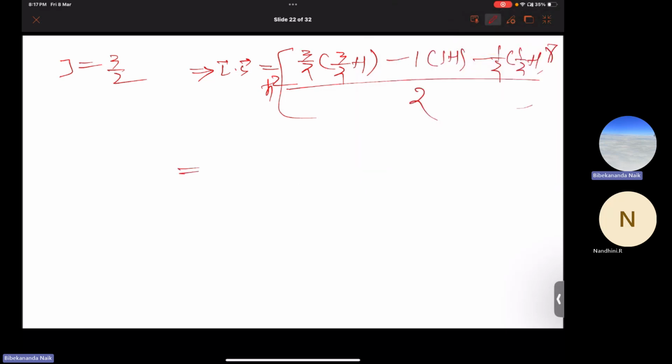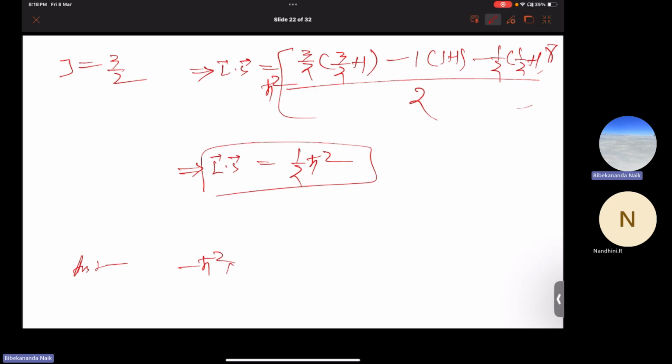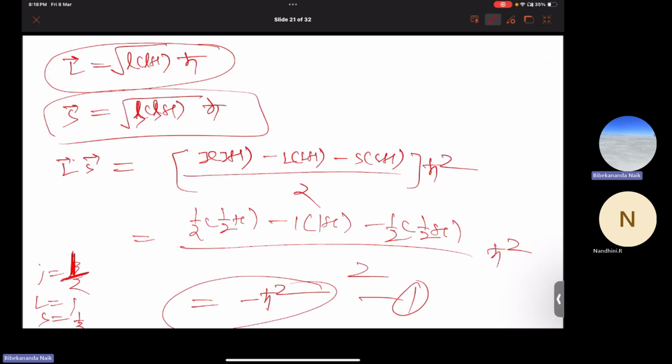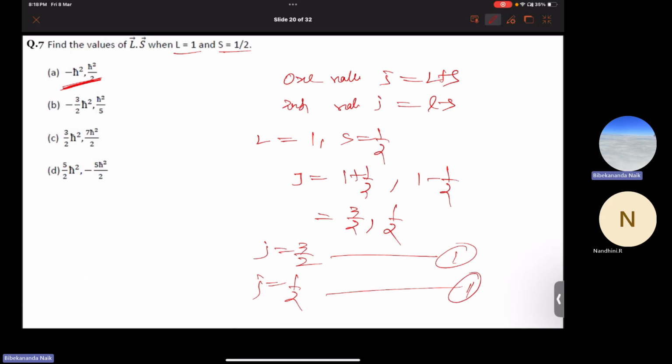If you put all these values, it will give L dot S equals 1/2 ħ². So the answers are minus ħ² and 1/2 ħ². So the correct option is minus ħ² and 1/2 ħ². Option A will be the correct option.